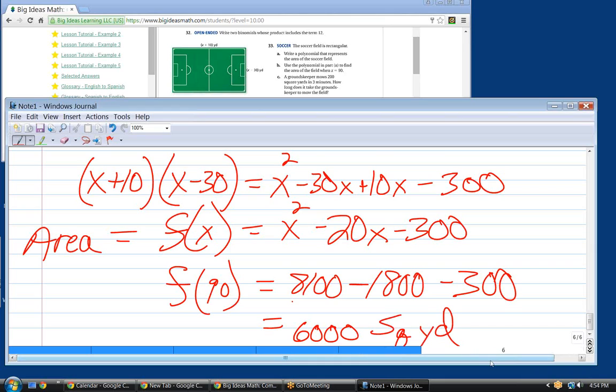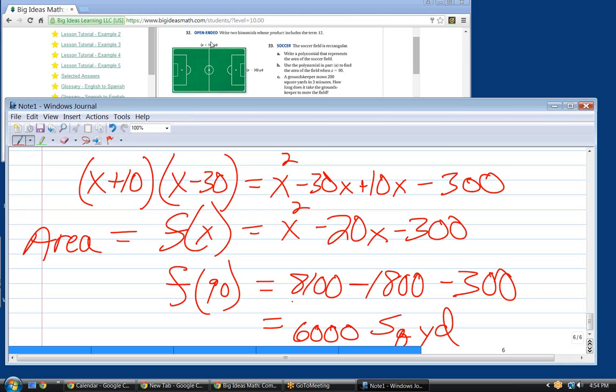Whenever you're dealing with two dimensions, which is what area is, you're always going to be dealing in square units. Whereas if I said, what is the length of this soccer field, the answer would be 100 yards, not square yards. Yards is a linear measurement of one dimension.